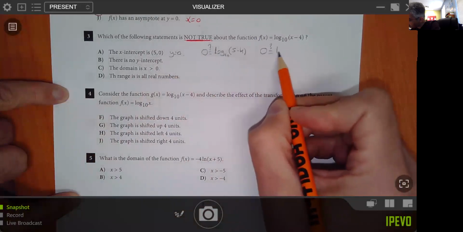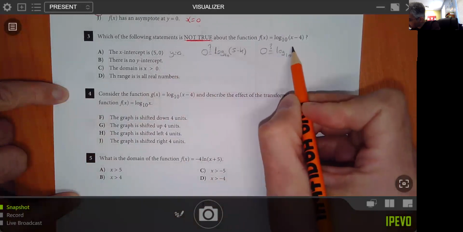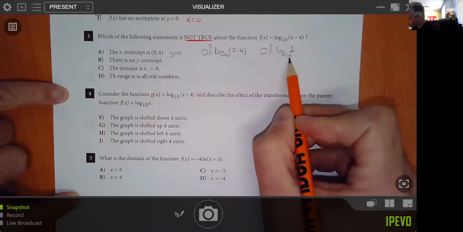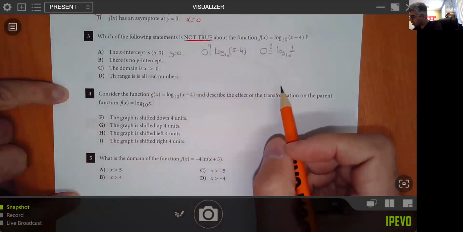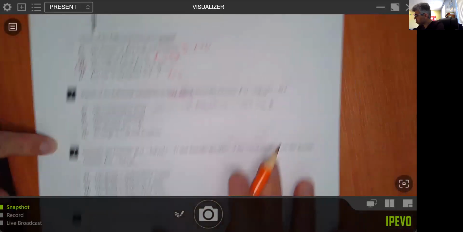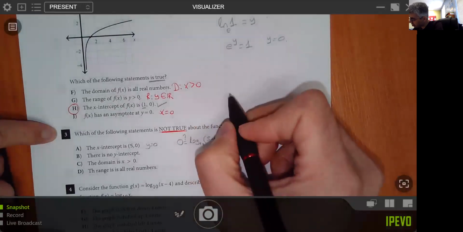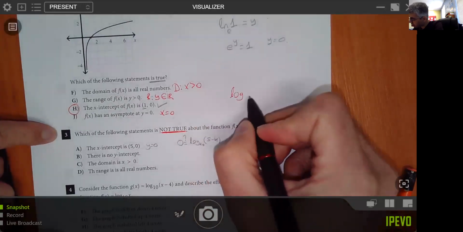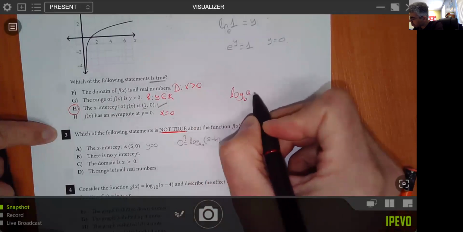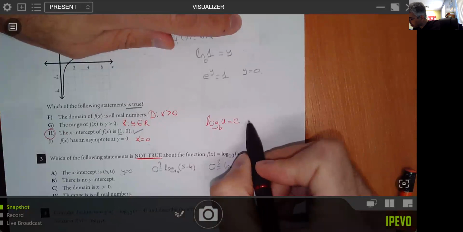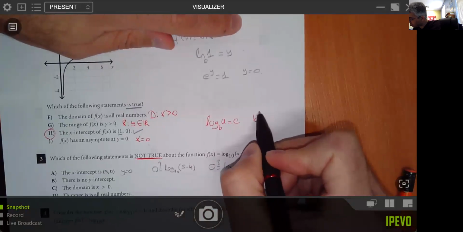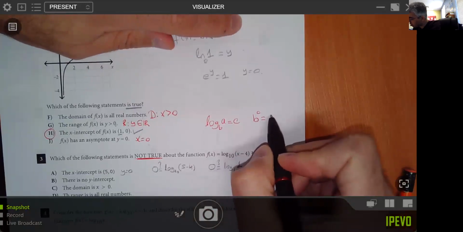Is 0 equal to log base 10 of 1? Well, 10 to the power of 0 is 1. Guys, all the time when we have a logarithm, please don't forget this. When we have log of a base b is c, we don't forget how we write this in exponential form: b to the power of c equals a.